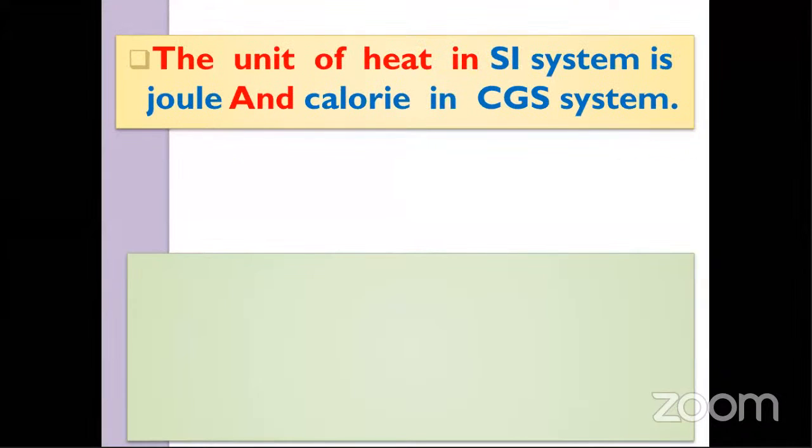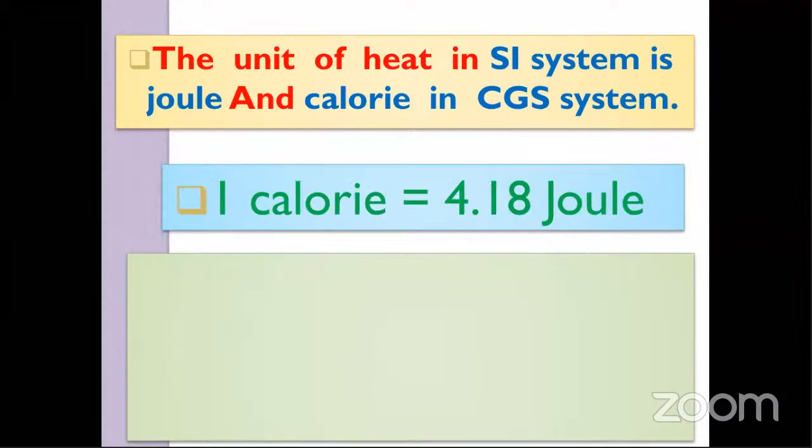See here, the important things. The unit of heat in the SI system is joule, and calorie in the CGS system. There are MKS and CGS systems, and the unit of heat is measured in joule and calorie. When we solve the examples, joule and calorie will be used. Next, 1 calorie is equal to 4.18 joule.